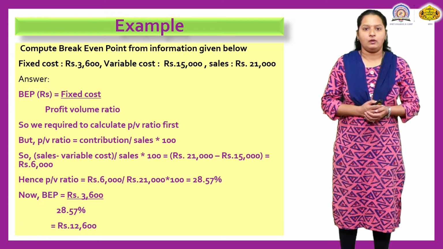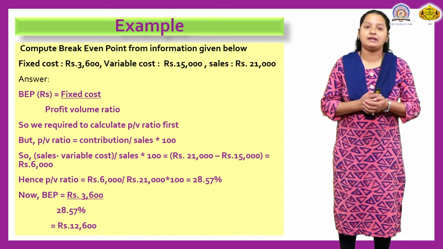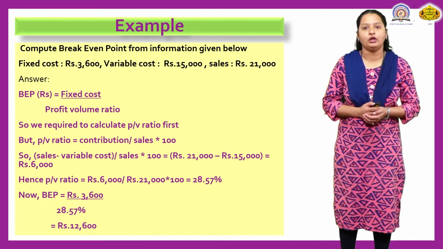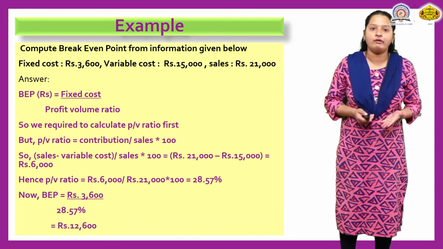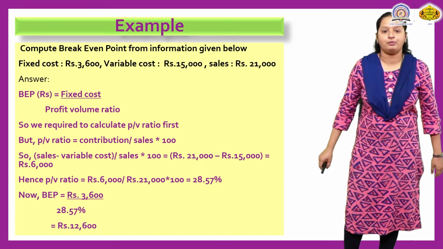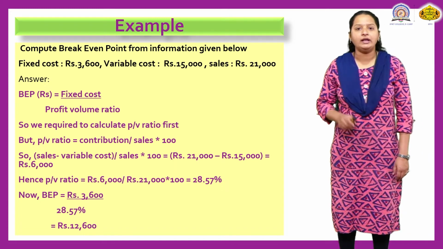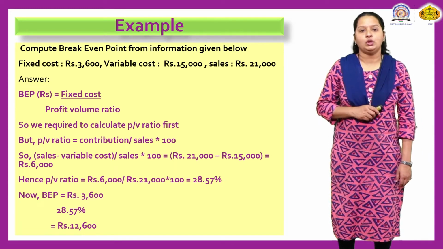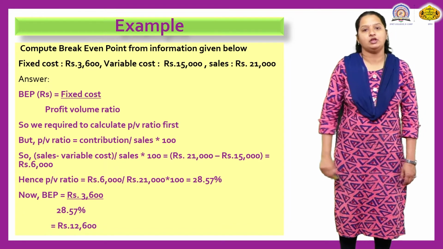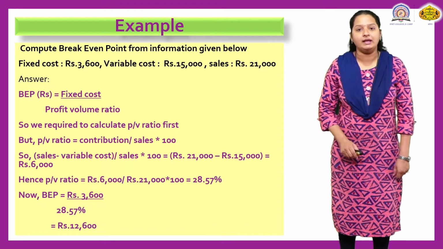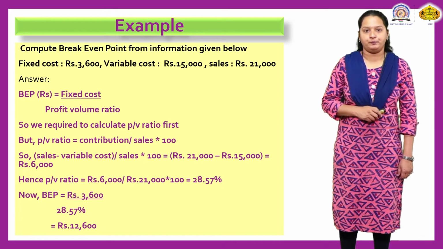In the example, we already have the fixed cost, but we don't have the profit volume ratio. So, firstly we will calculate this profit volume ratio. For that we again require a formula for calculating the PV ratio. The formula is contribution upon sales into 100.